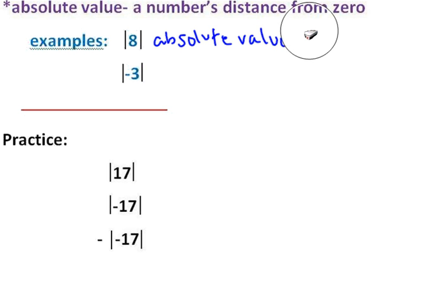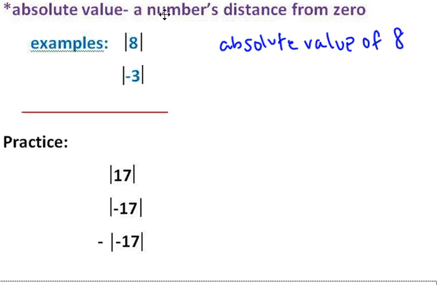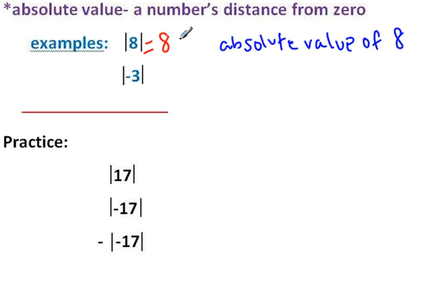The absolute value of 8. And the absolute value of 8 is 8. It is 8 spaces away from 0 on a number line.